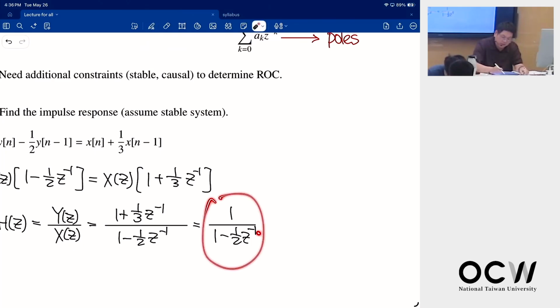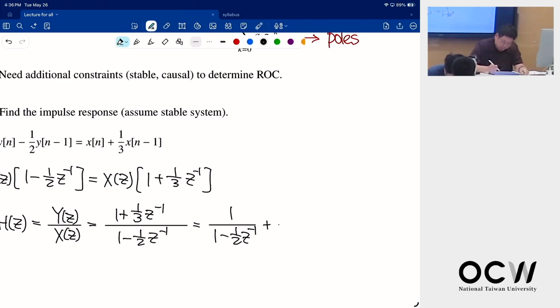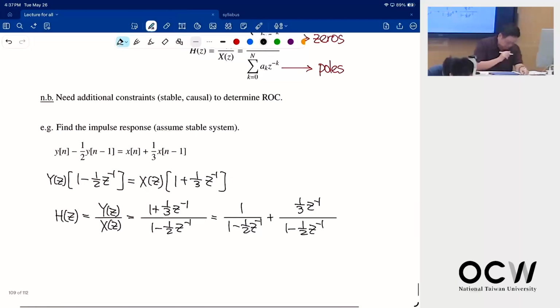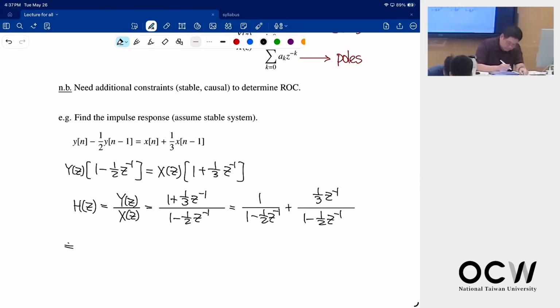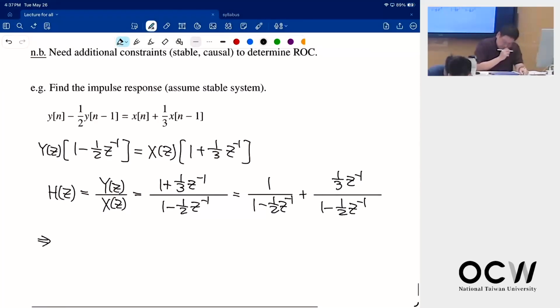We can use the table to find it, and in this case, you can check the table. Okay, we will provide the table in the exam, so you'll get the impulse response.